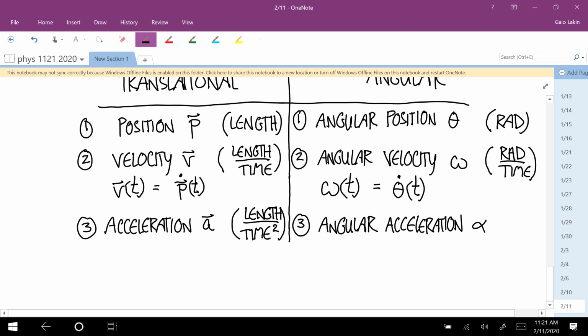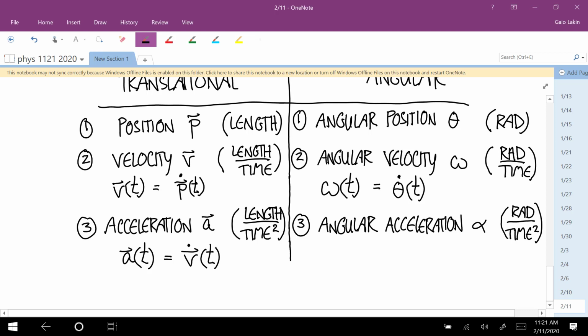It's a goldfish-looking thing, like the Greek A. And the units of this will be radians per time squared. The definition of the translational acceleration as a function of time is the time derivative of the velocity as a function of time.